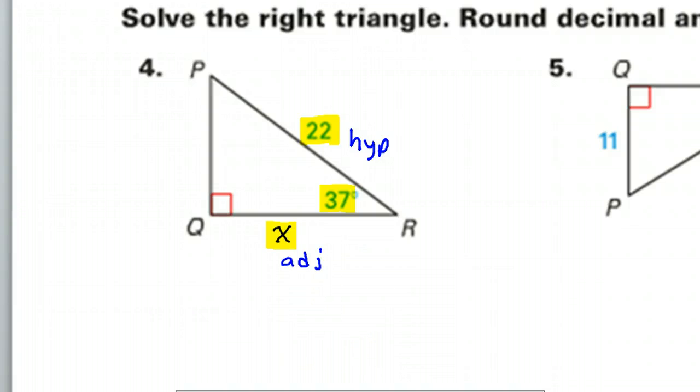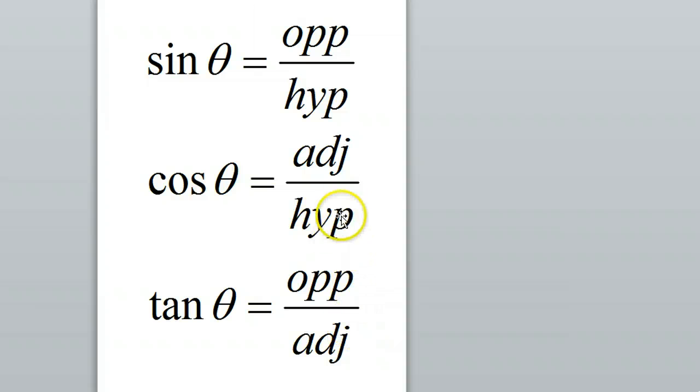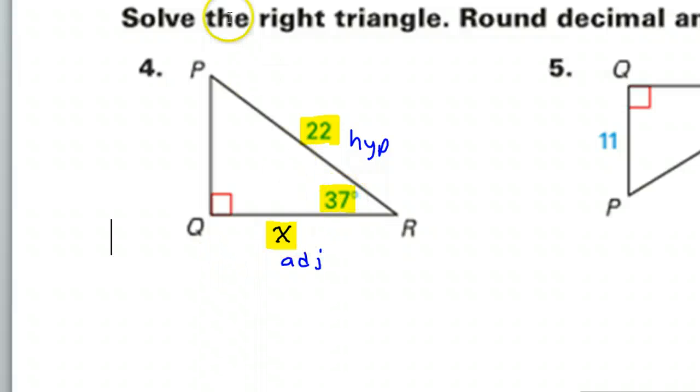Which trig function is that? That's the cosine function. So I'm going to set that up: cosine of 37 is equal to adjacent over hypotenuse, so that'll be X over 22.